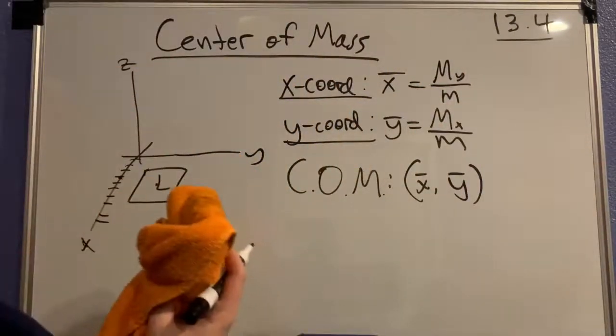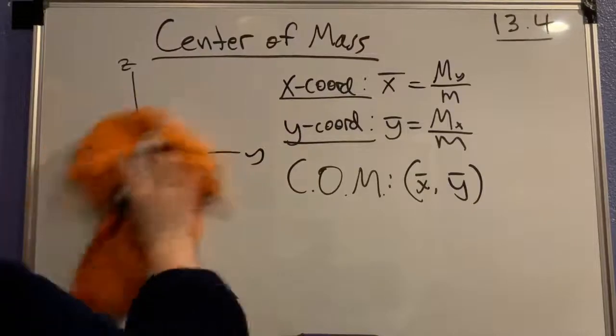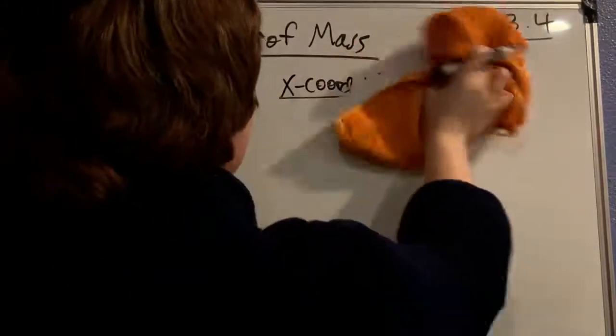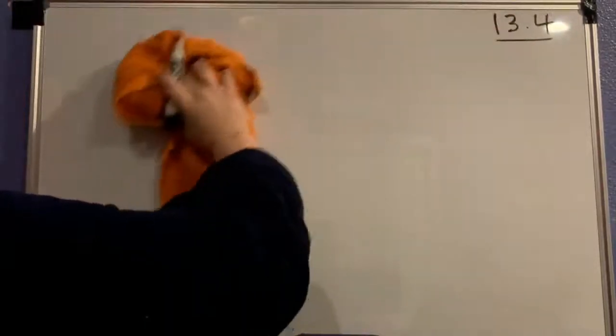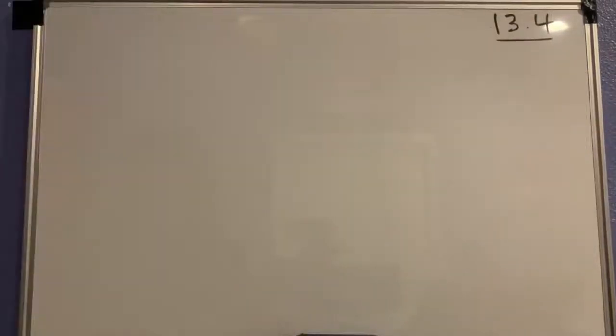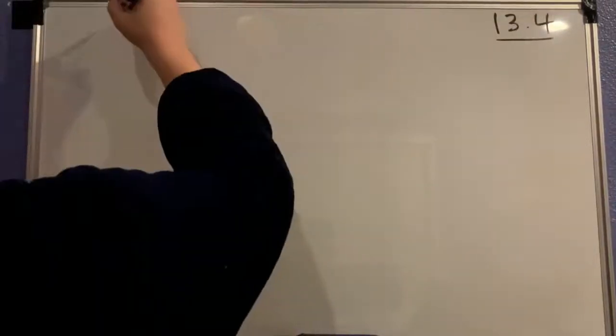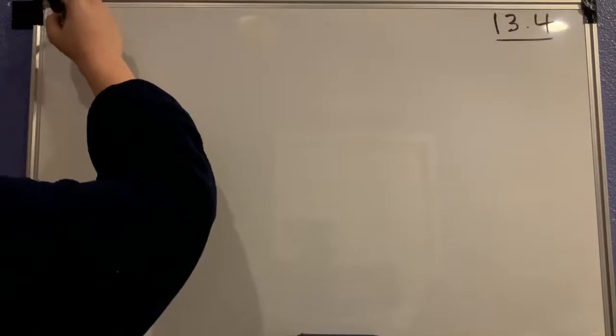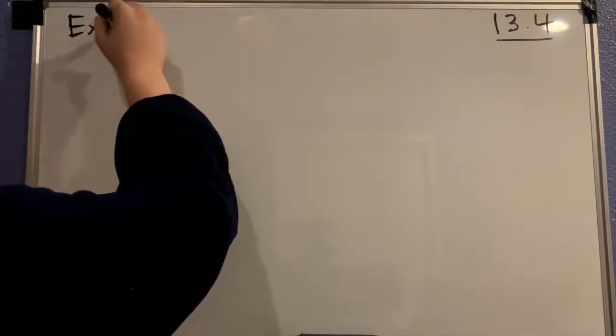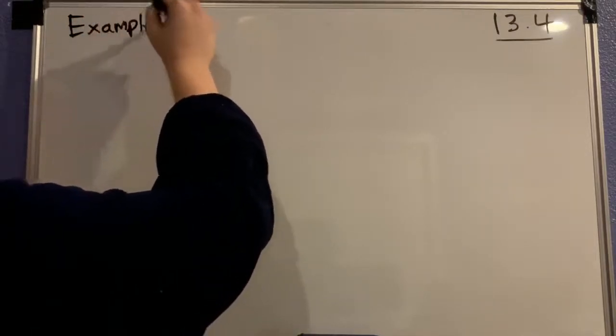Now that we kind of have a conceptual understanding, I'm going to move to an example, and I think this would be example 3. So it might be a long example, so example 3.